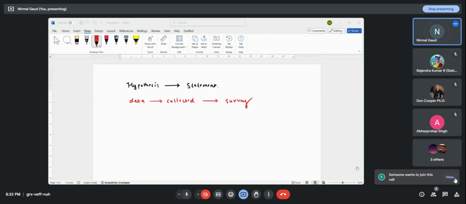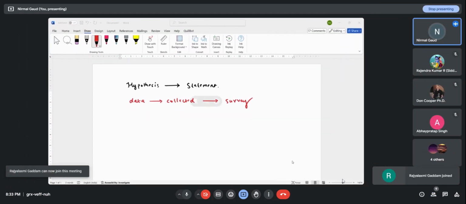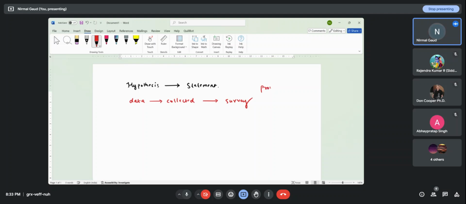Okay, fine. So you want to prove whether a statement or hypothesis is correct or not. This phenomenon comes under statistics that is called inferential statistics.